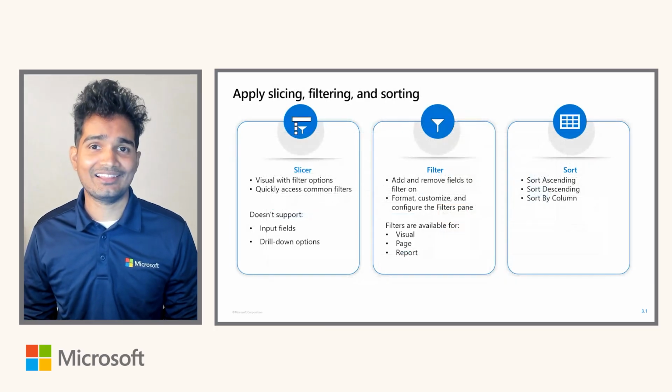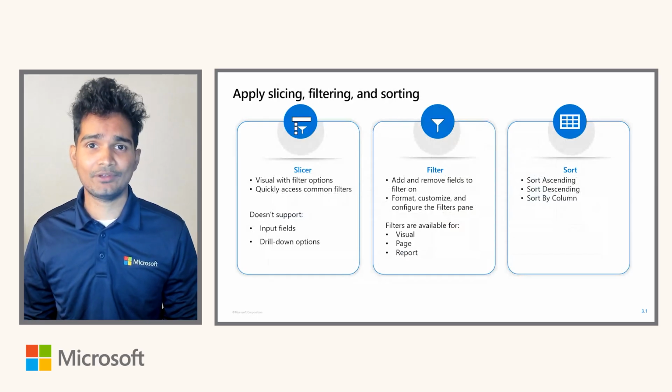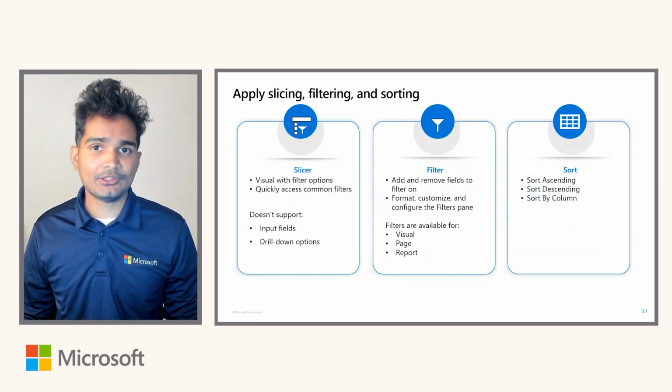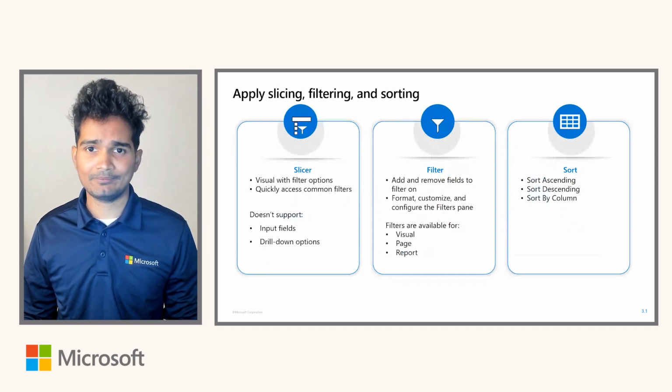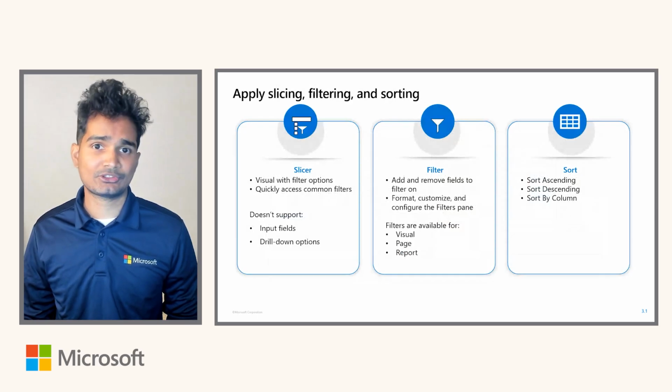Keep in mind that slicers are visual elements that allow users to filter data. They can be used to filter data by categories, date ranges, etc. Slicers don't support input fields, so you can't enter custom values. Filters allow for more granular control over data visibility.